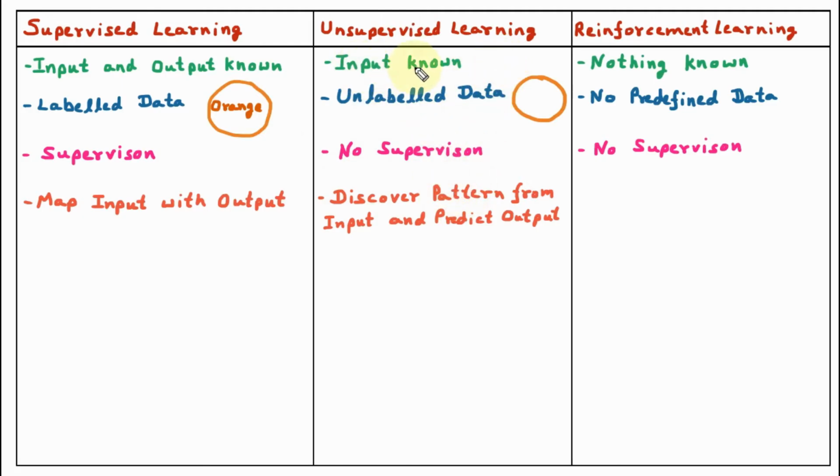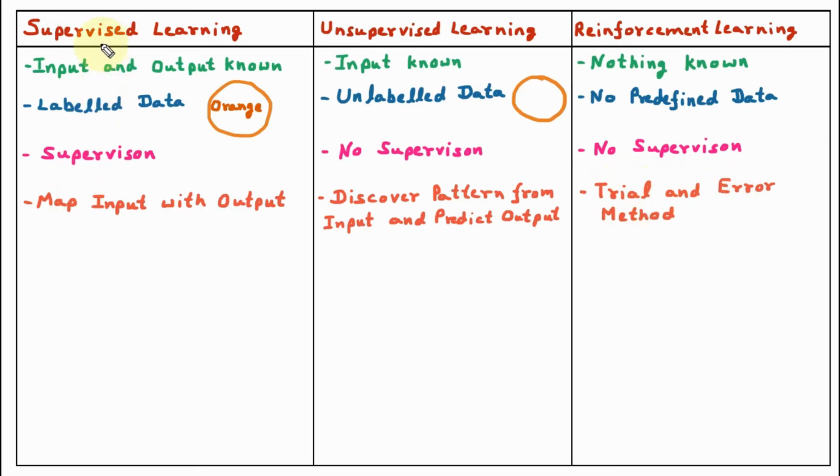So from the input, which is unlabeled data, we discover the patterns and based upon that pattern we predict the output. Because we don't have an idea about the output, we can only predict it. In reinforcement learning, we use the trial and error method. Here we don't know about input as well as we don't know about output. So that's why we use the trial and error method.